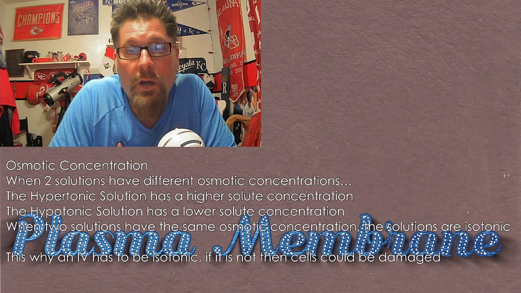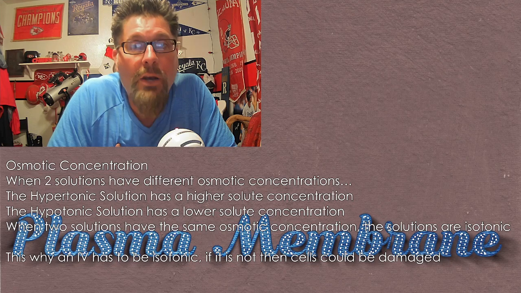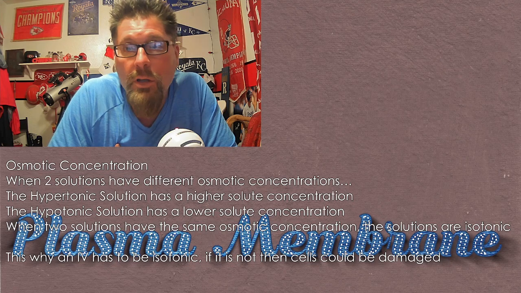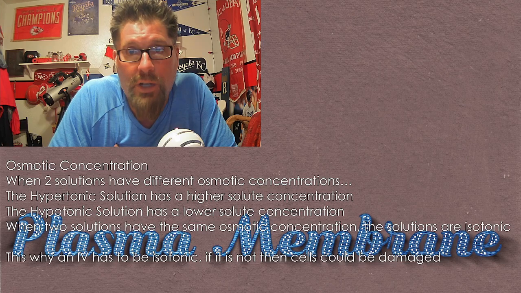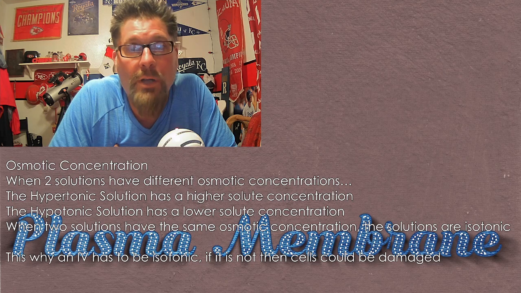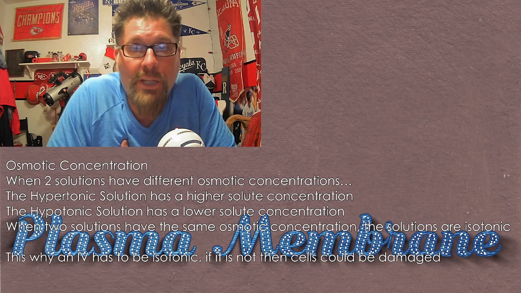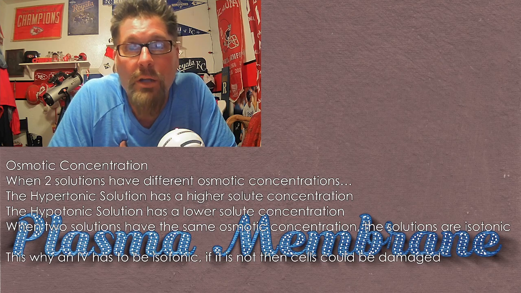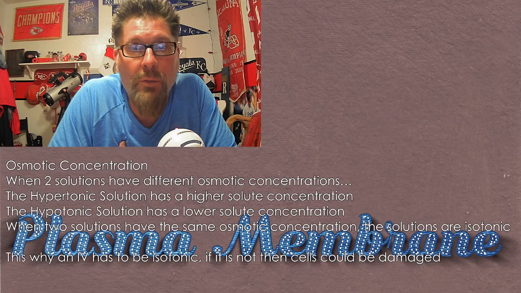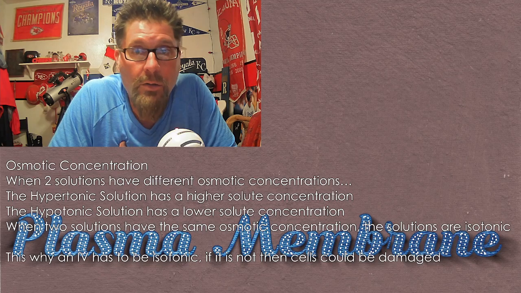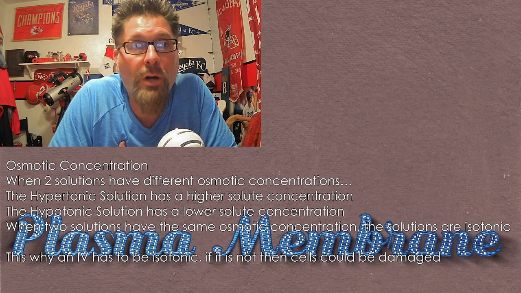Hypotonic is the exact opposite. Now there's more solvent inside the cell than there is outside the cell. So the water is going to come in. And the way you can think about this is the O in hypotonic. In the past, to help remember this, we've written that word out and made the O really big and made it into a pond.